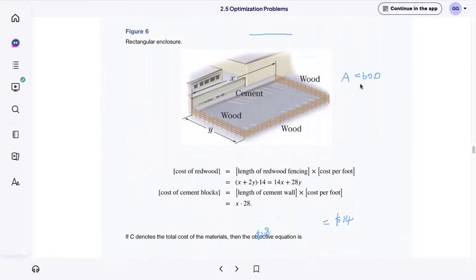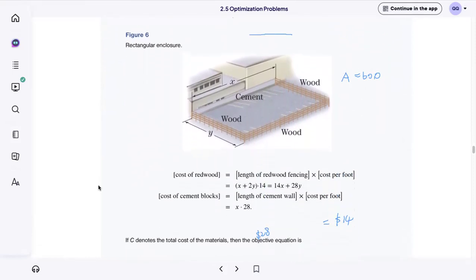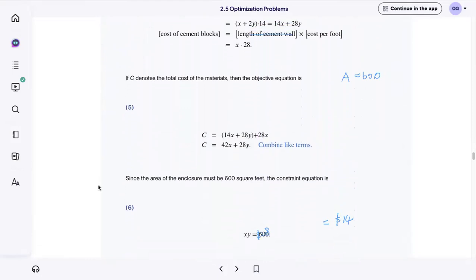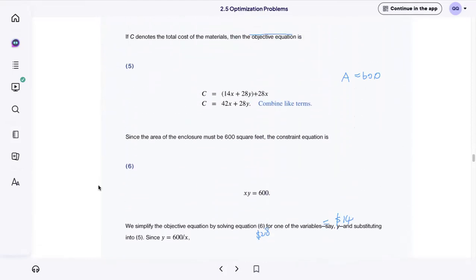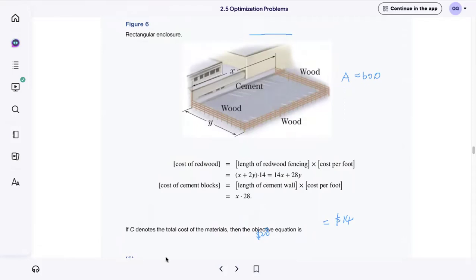So if I know the area, that's length times width. Oh, I think that's one more condition. Okay, actually that's it.